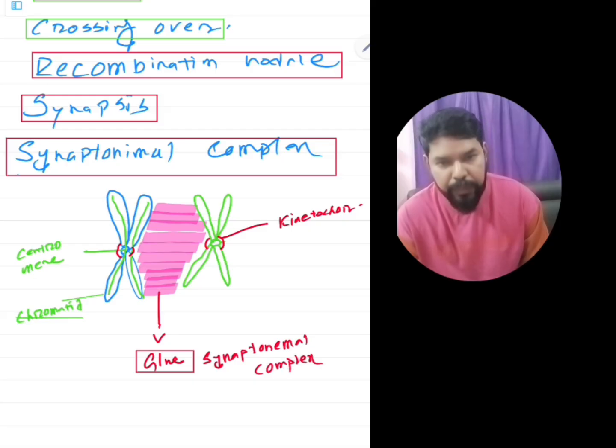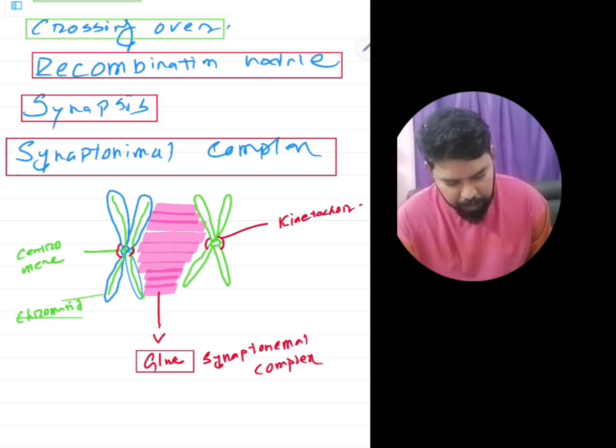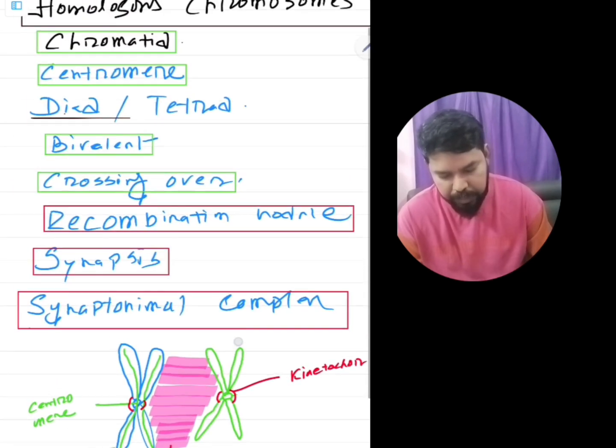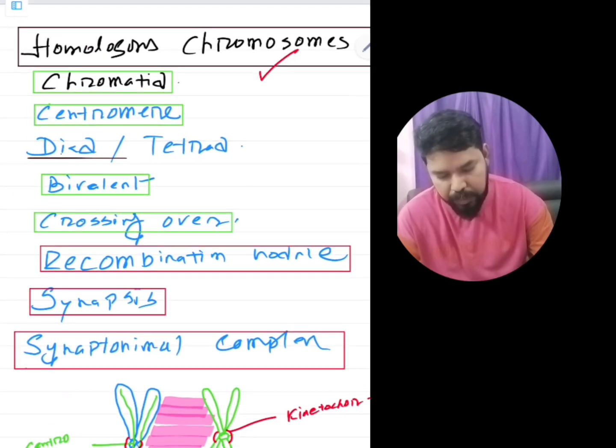This glue fuses the homologous chromosomes, so the process through which homologous chromosomes pair with each other and fuse is called synapsis.